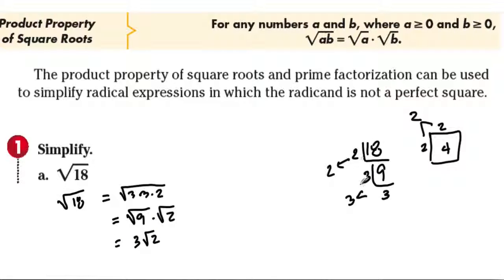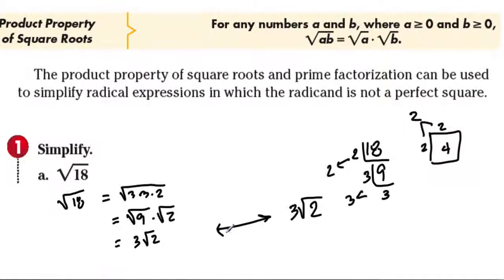So when you're doing the drop down, you simply pair up the two numbers that are the same. In this case it's 3, and that goes out of your square root. The numbers that don't pair up go inside your radical sign. So you can see two ways of doing this.